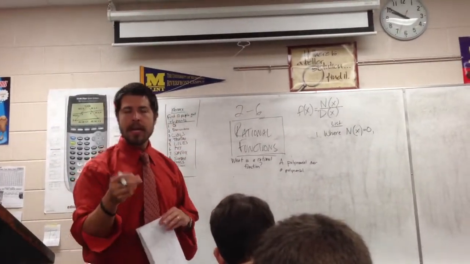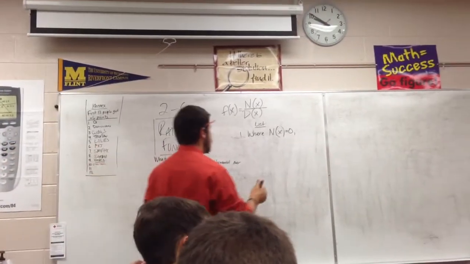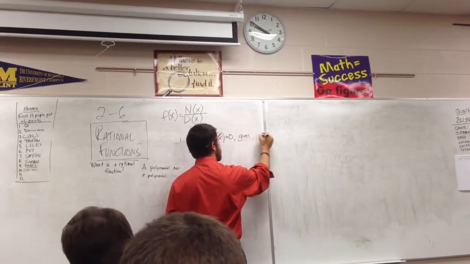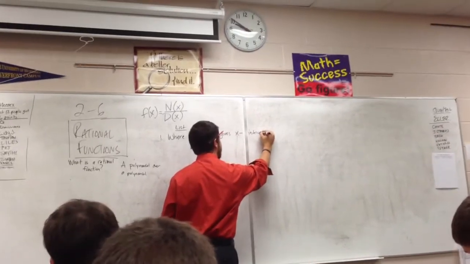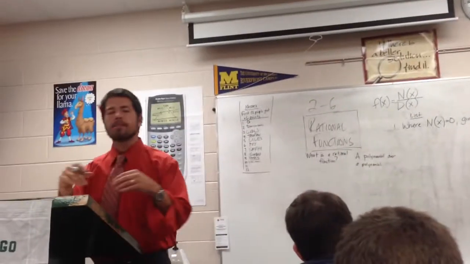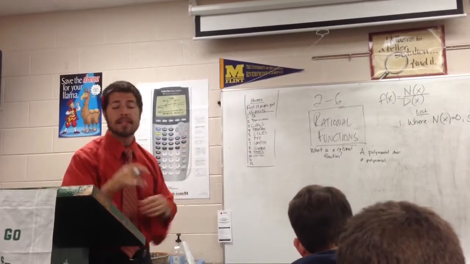So if I were to set the top equal to 0, it tells you something about the graph. Where the top is equal to 0 gives the x-intercepts, and we're going to be finding them very, very soon. That is, where does my graph cross the x-axis? I don't know. Let's take the top and set it equal to 0.